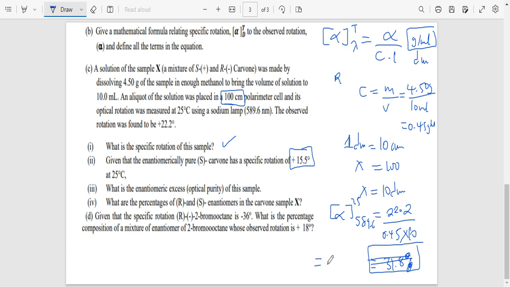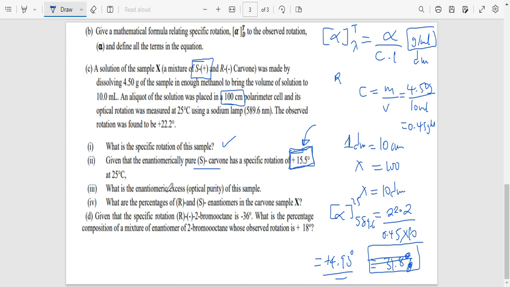This one, 22.2, if we divide by that, we are going to get positive 4.93 degrees. Now, this is the specific rotation of the S form, and we have seen here that the S form is positive, and then we've been given this specific rotation here, which is also positive.